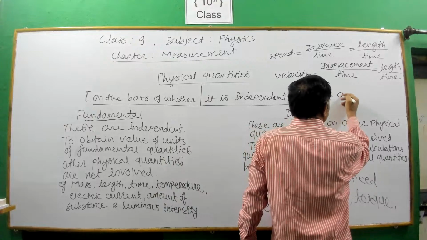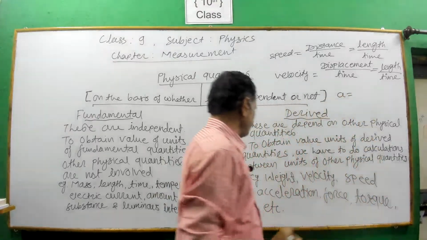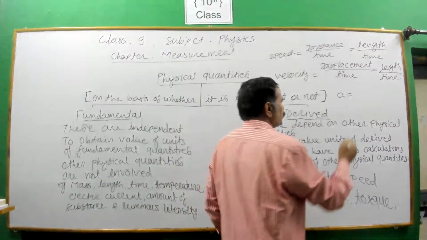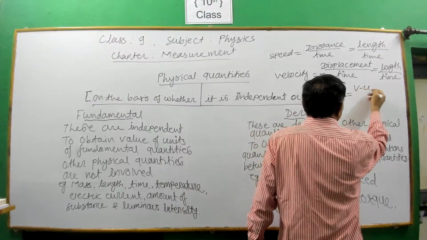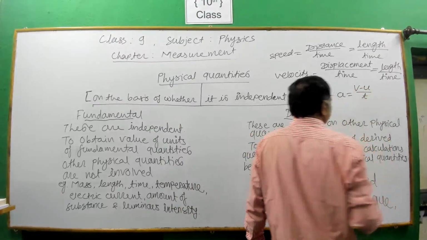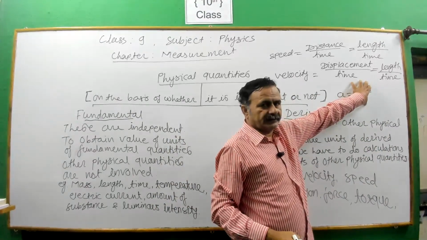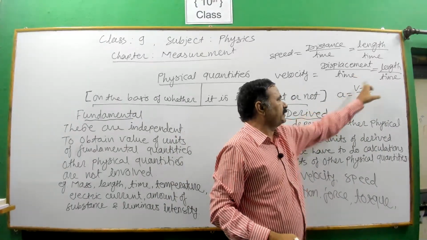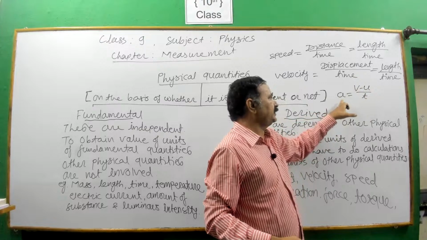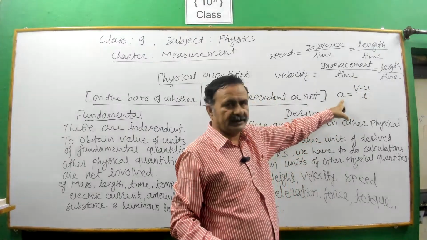Acceleration. Why is acceleration a derived quantity? Acceleration is equal to final velocity minus initial velocity divided by time taken. As we do the calculation between these physical quantities, at that time we get the value of this.